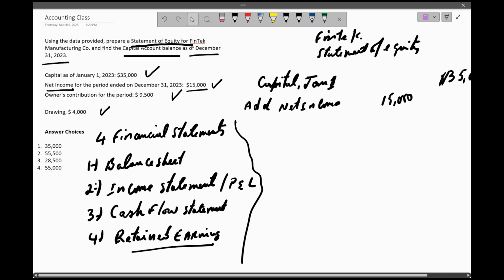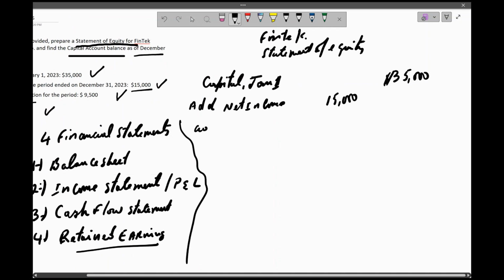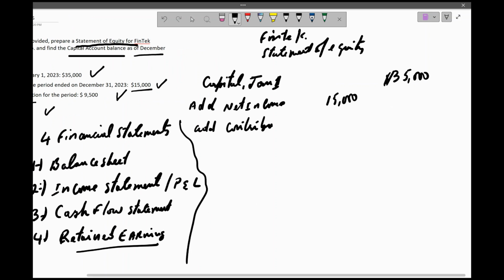The owner added more money, made an infusion of cash, $9,500. Add contribution, 9,500.